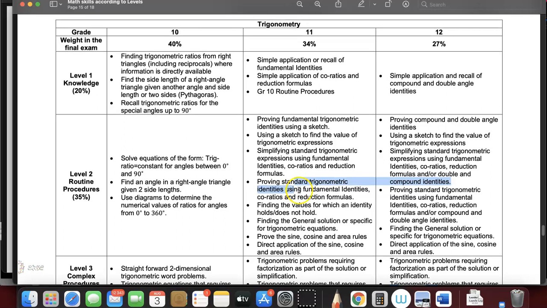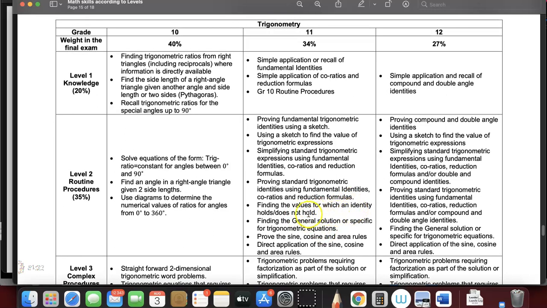Change all your angles into positive, acute, and simple angles, and then use fundamental identities, which basically just comes down to replacing sine squared plus cos squared theta with 1, and replacing tan with sine over cos, and then just simplifying with algebra.